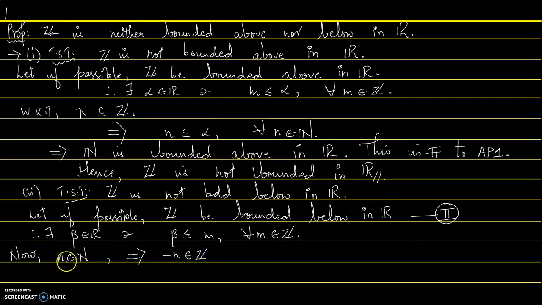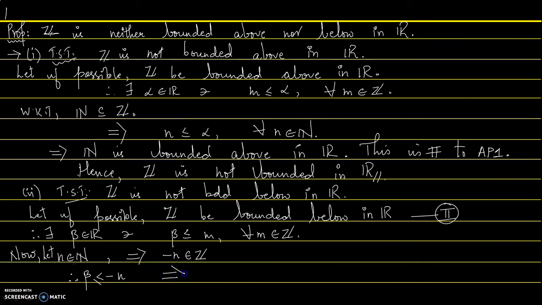And because minus n is an integer and beta is a lower bound for the set of all integers, that means minus n will be bigger than or equal to beta, or beta will be less than or equal to minus n, and this is for all natural numbers n. This n is arbitrary. That means beta is less than or equal to minus n.